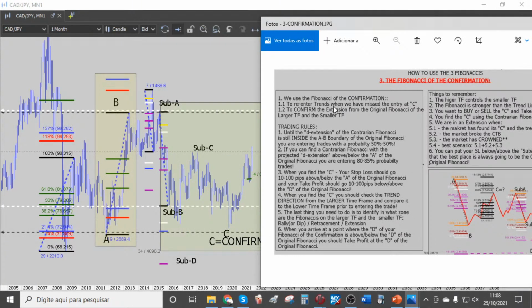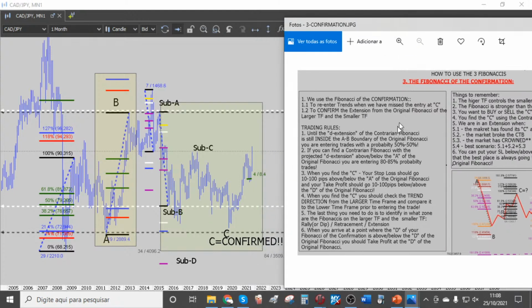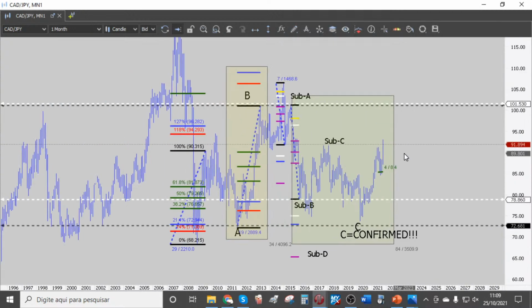So you're seeing on the left side, everybody, Canada JPY monthly chart, and on the right you have the rules. We use the Fibonacci of the confirmation, number 1, to re-enter trends when we have missed the entry at the C. Wow, right? This is something to be motivated and happy.